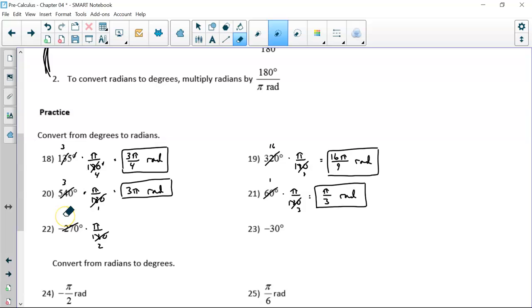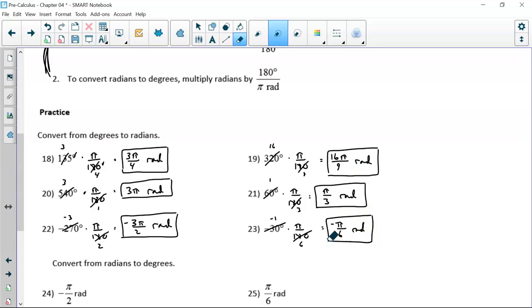Negative 270 divided by 90 is negative 3. So we're going to get negative 3 pi over 2 radians. Then negative 30, so we're still multiplying by pi over 180. They're both divisible by 30, so that becomes a 6 in the denominator, and that's a negative 1. So we get negative pi over 6 radians.